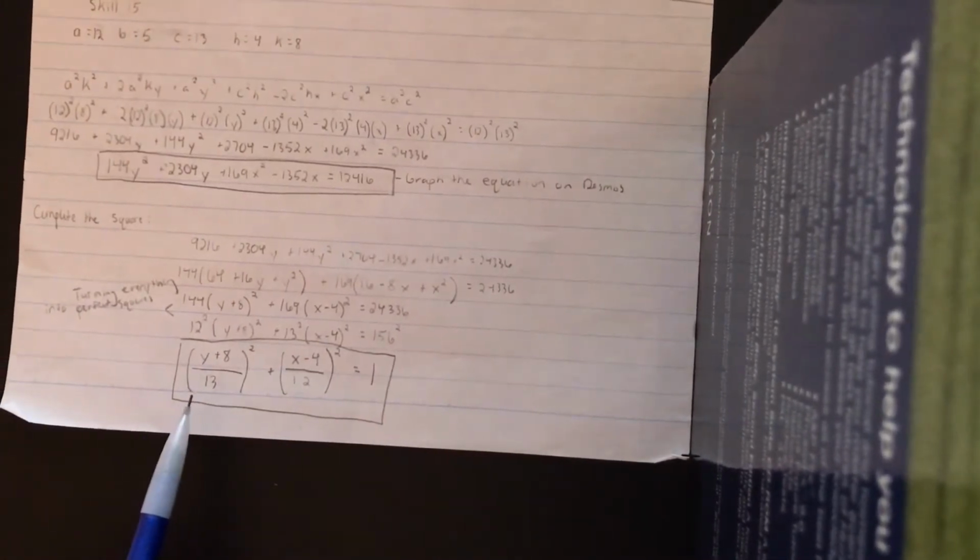Then from there we can simply divide both sides of this equation by 156 to get the ending equation for the ellipse to be y plus 8 over 13 squared plus x minus 4 over 12 squared equals 1.